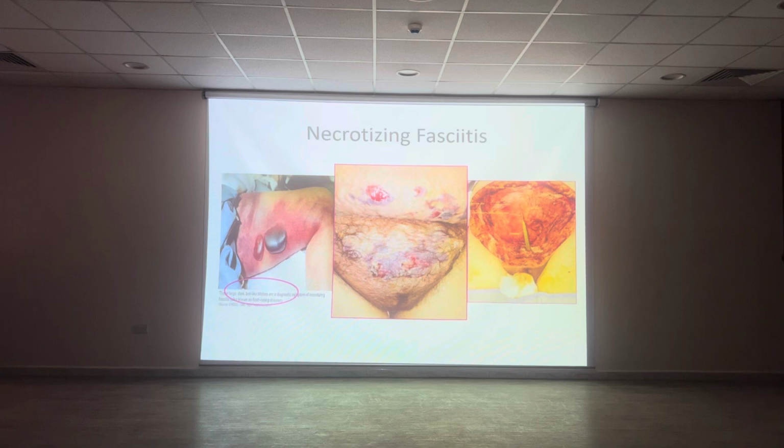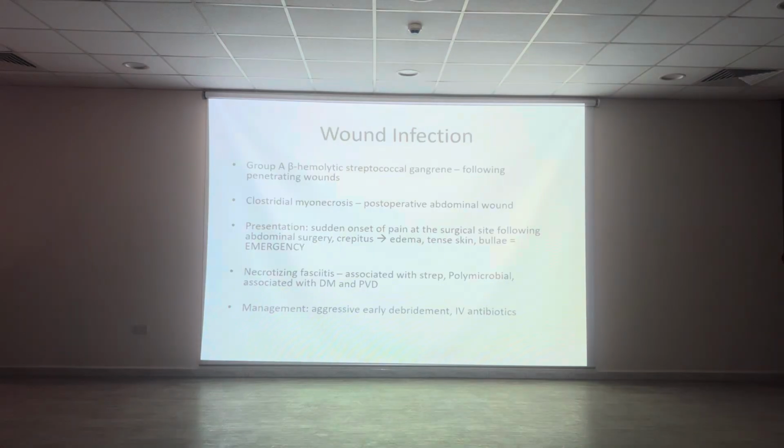The picture in the middle shows a groin or lower abdomen necrotizing fasciitis with some skin manifestations, and the picture to the right shows the defect that was left after treatment of necrotizing fasciitis, which basically needs aggressive debridement. You need to take all the necrotic tissue out when you deal with necrotizing fasciitis.